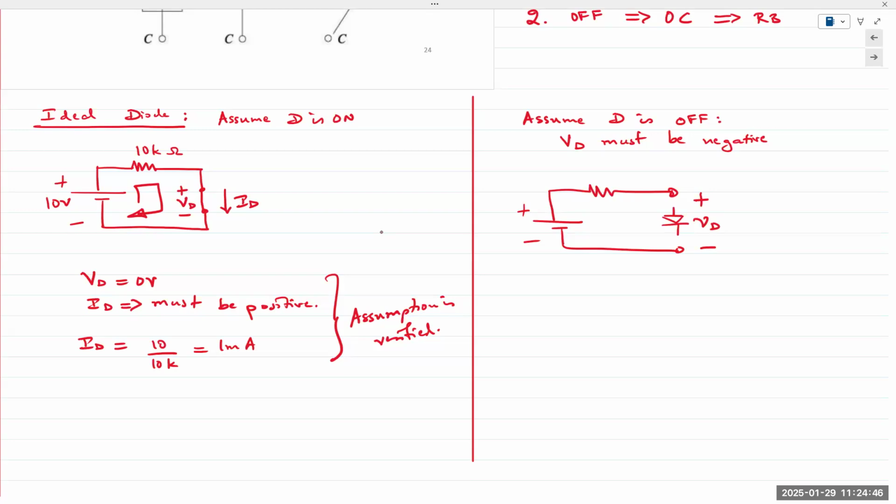I cannot modify it that way. If I'm measuring diode voltage, the positive reference is always at the anode, negative at the cathode, meaning plus will be at the top, minus at the bottom. If it's an open circuit and I measure the voltage at the open circuit, I would get plus 10 volts, which is basically my power supply. But my assumption is the diode is off, and if the diode is off, VD must be negative. Since I'm obtaining a positive number, my assumption is incorrect.